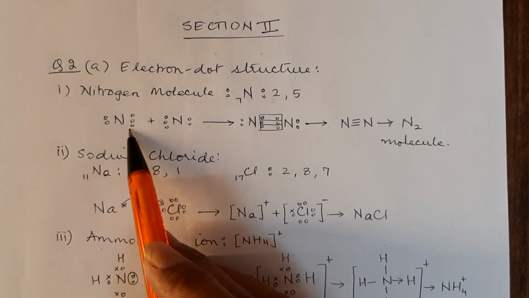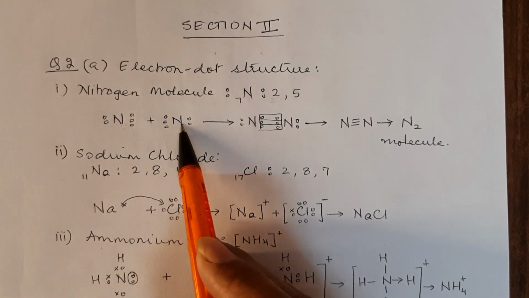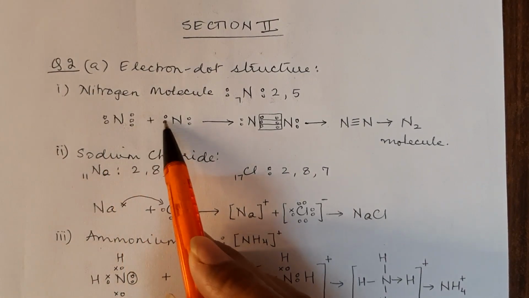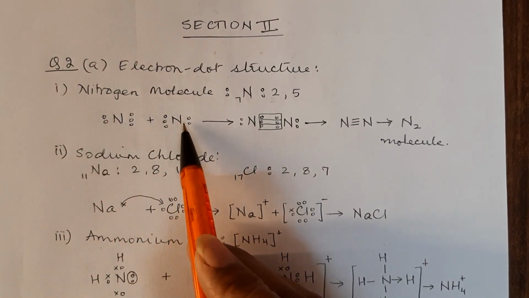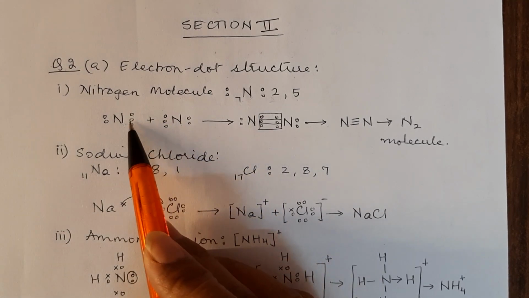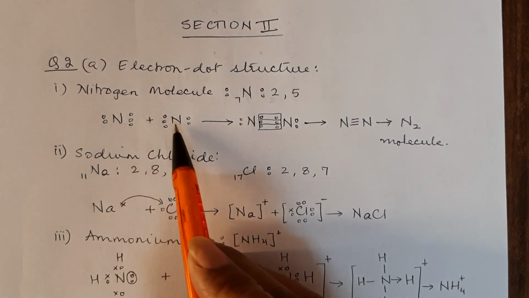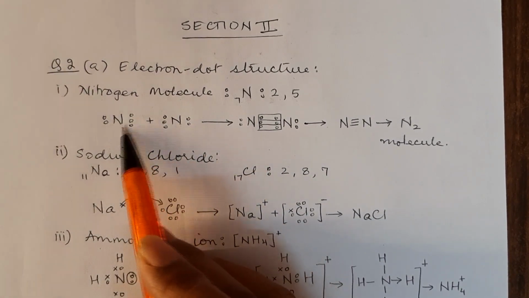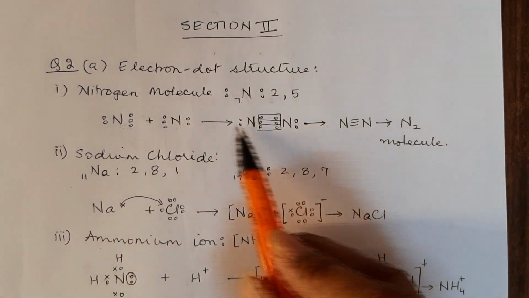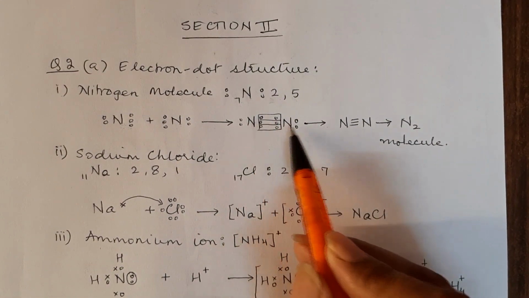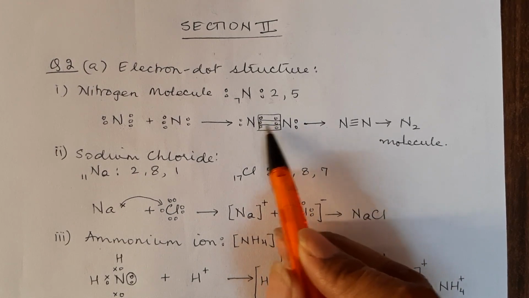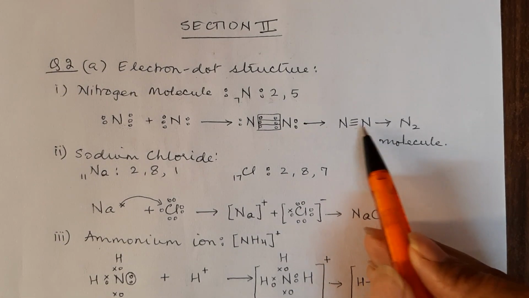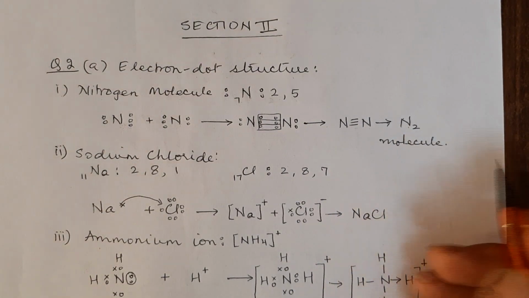Now this nitrogen is going to share 3 electrons with another nitrogen, so that this nitrogen will have 1, 2, 3, 4, 5, 6, 7, 8 completing its octet, whereas the other nitrogen also will share 3 electrons with it, and so it will have 1, 2, 3, 4, 5, 6, 7, 8. So both will have completed their octet, and that is how we will have nitrogen sharing 3 pairs of electrons, forming a triple covalent bond, like so, forming the nitrogen molecule.